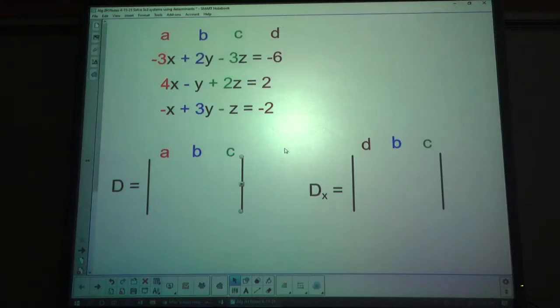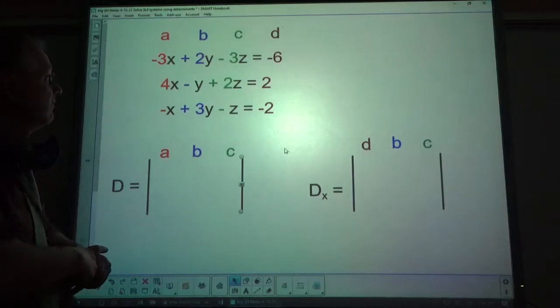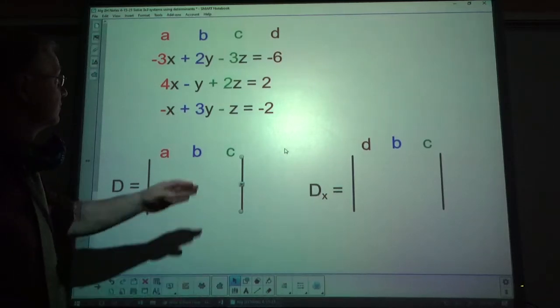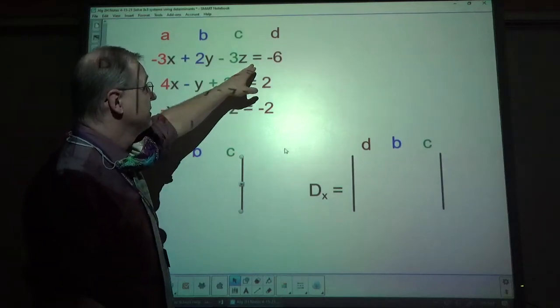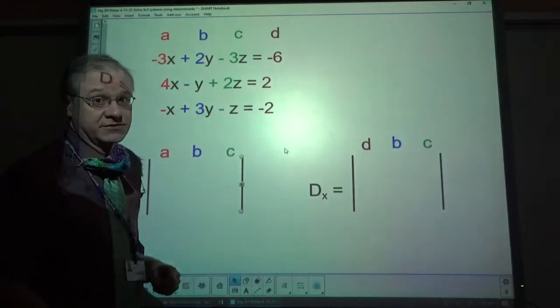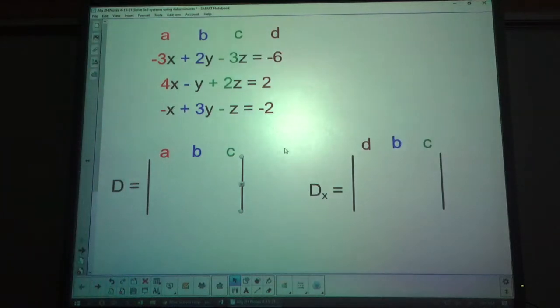Now, one of the big things here is the very first thing you have to focus on is that the system of equations with x, y, and z as your variables, whatever the 3 letters are that are your variables, they have to be lined up with x, then y, then z, an equal sign, and then the numbers. If it's not that way, rearrange them until they are that way. Once they are that way, now we can use the determinants.